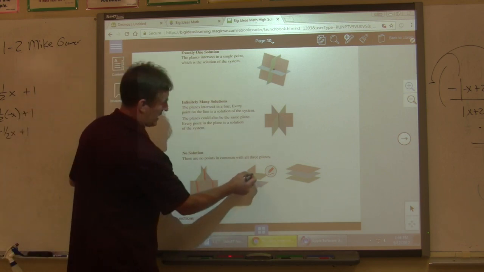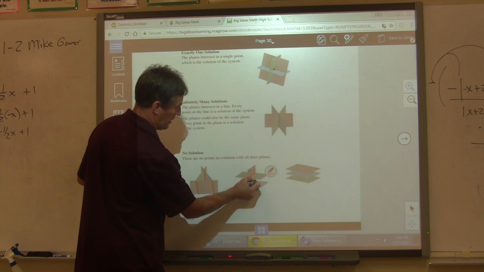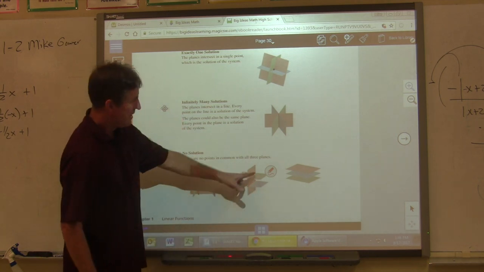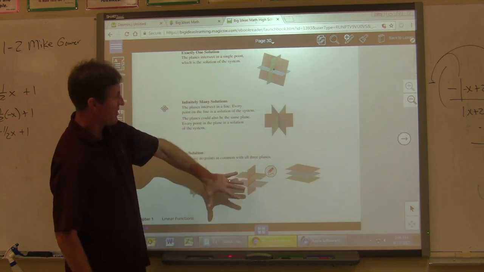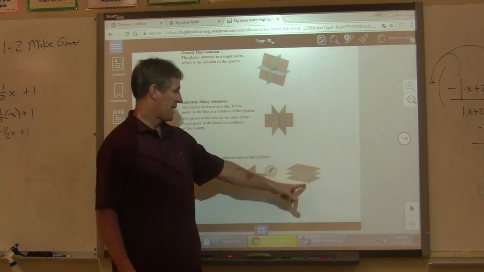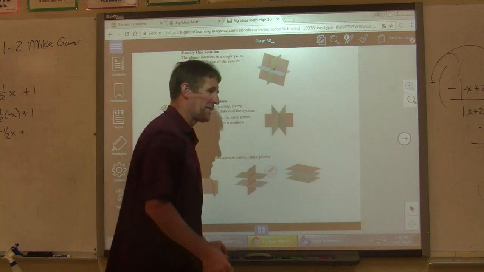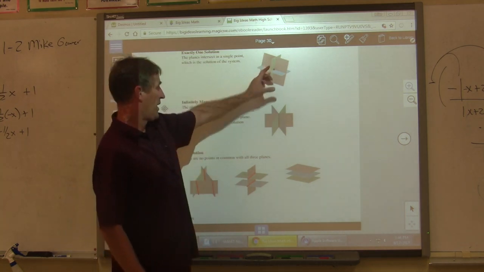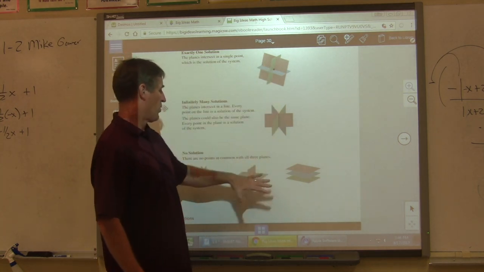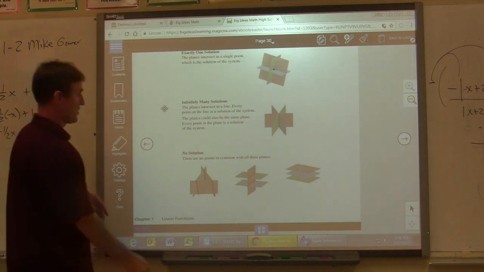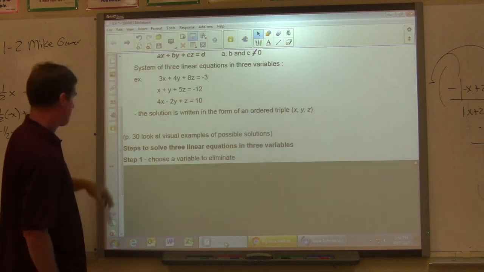You also have one like this, where you have 2 parallel planes. Again, there's no place that all 3 planes intersect. And then you have a case here where none of them intersect. Those are all the different possibilities for answers. You'll either get 1, infinitely many, or none. Those are the 3 types of solutions we can get.